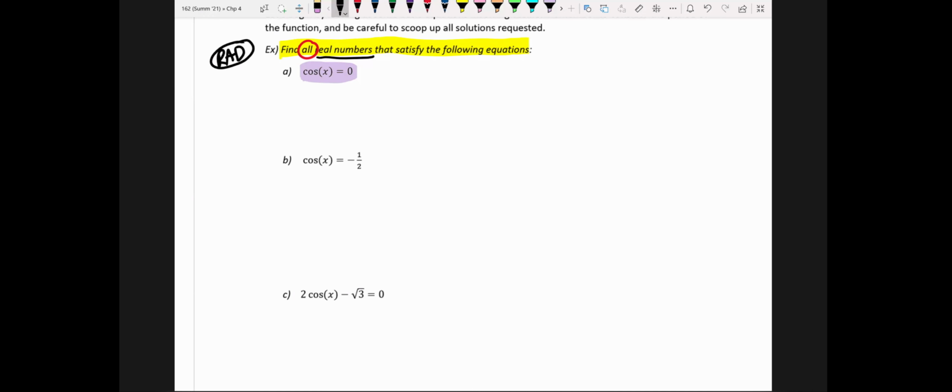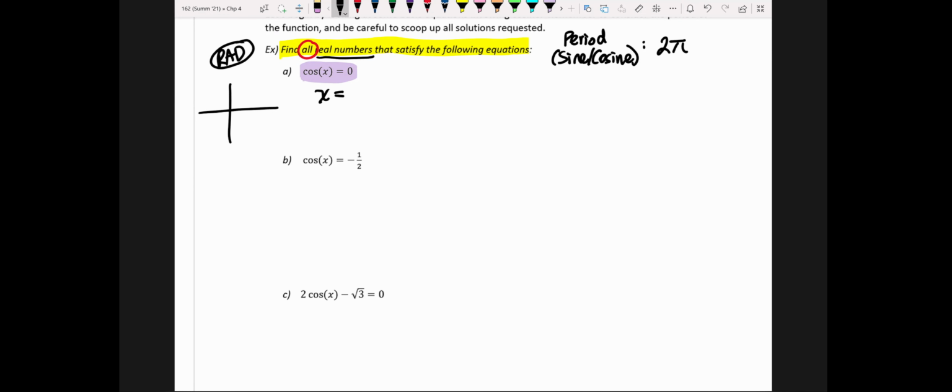Step 2, you're going to find the solutions between or in one period. So the period for sine and cosine is 2 pi. So you're going to find the solutions in one period. You can draw a circle if that helps you. It's not required.